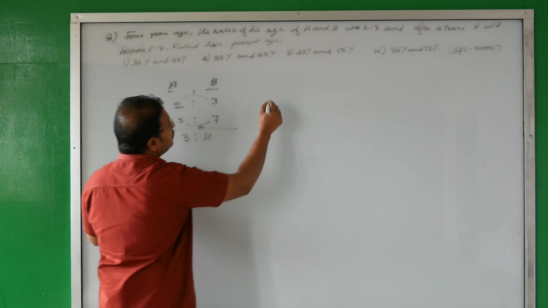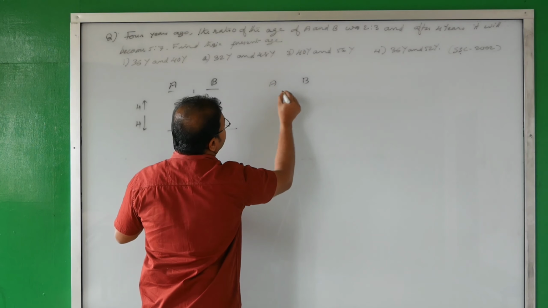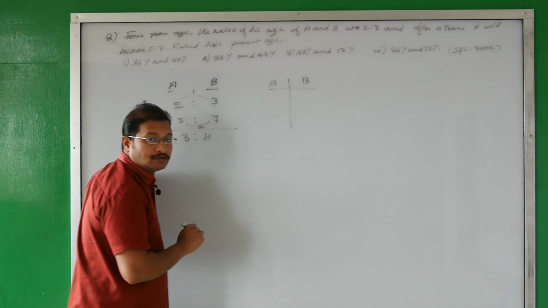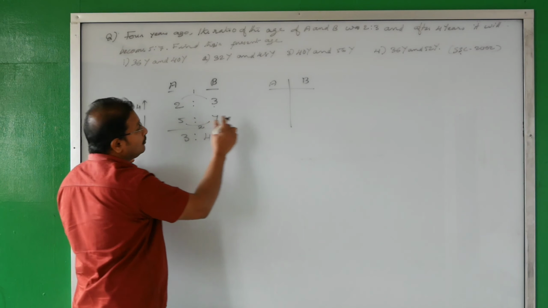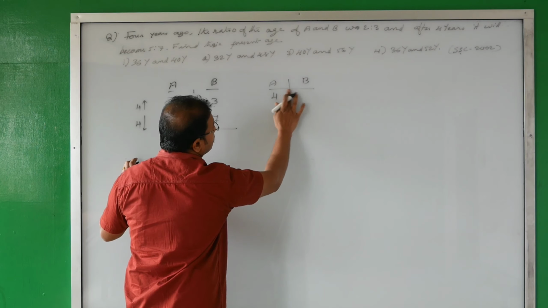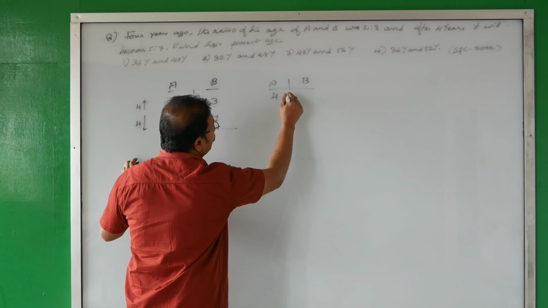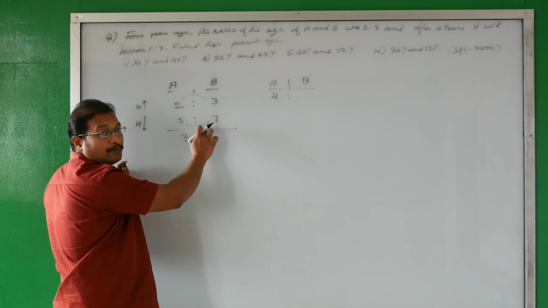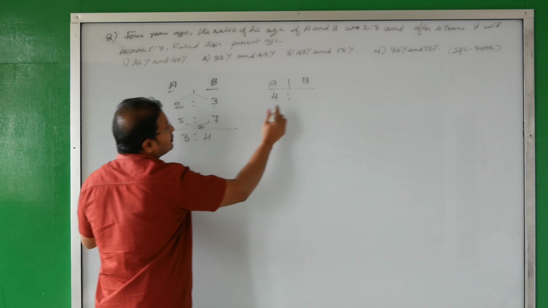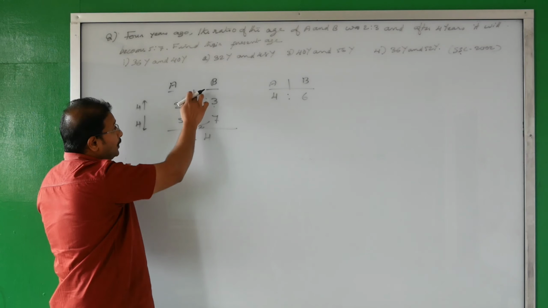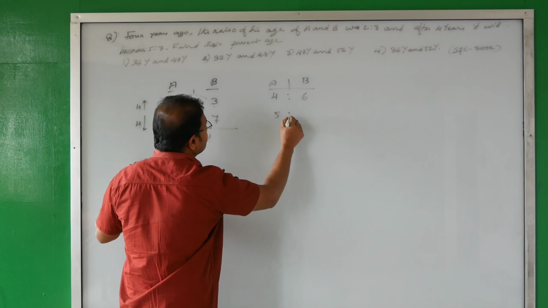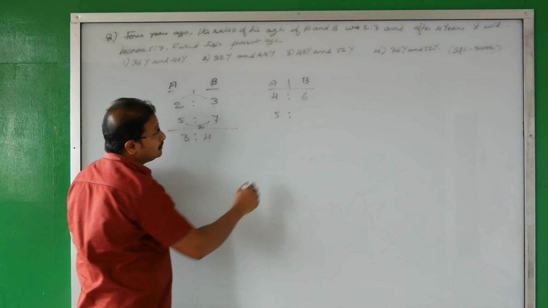So let's see now, A and B. This will be the latest condition. 2 will multiply to here: 2 into 2, 4. Then this 2 will multiply to here: 2 3s are 6. Here we will multiply 1: 5 1s are 5, 7 1s are 7.